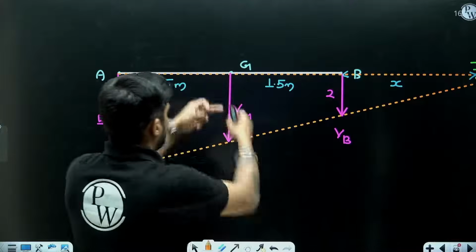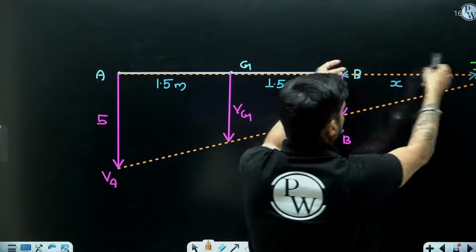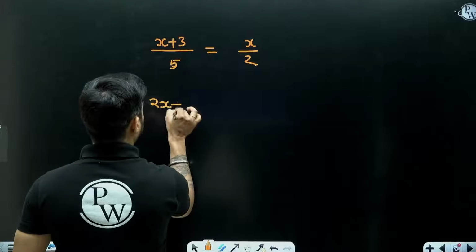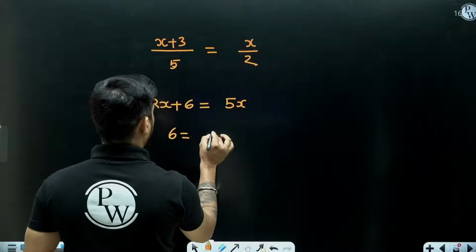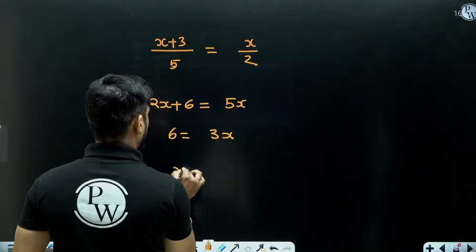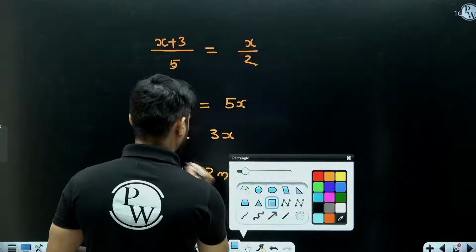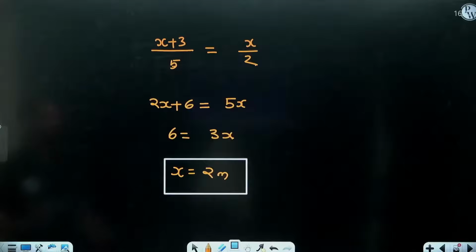So x plus 3 divided by 5 equals x divided by 2. So it will become 2x plus 6 equals 5x. So 6 equals 3x. So x equals 2 meter. Yes. So now we have got the value of x.